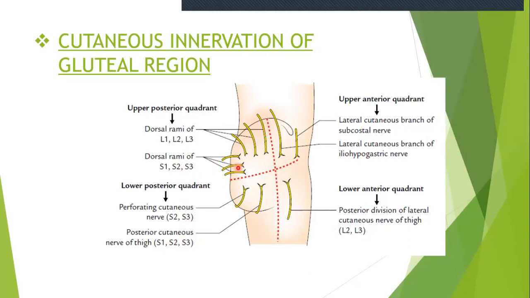You can clearly see that L4 and L5 spinal cord segments are not represented in the gluteal region, and you will see where they are usually represented. So please, I urge you, keep this diagram in your mind. This diagram is very important, and you'll find it in your exams.